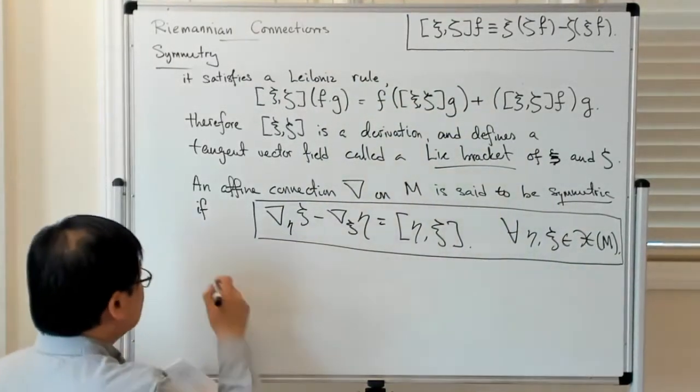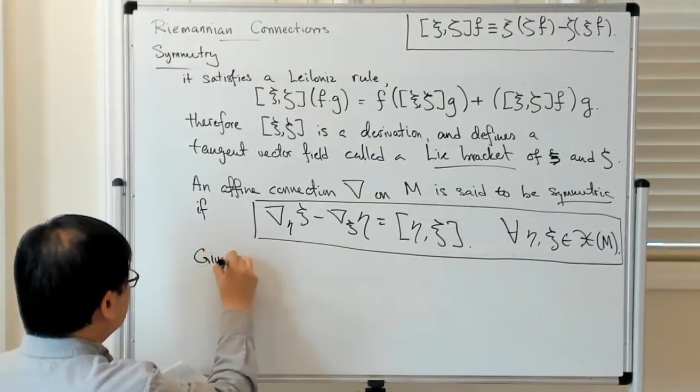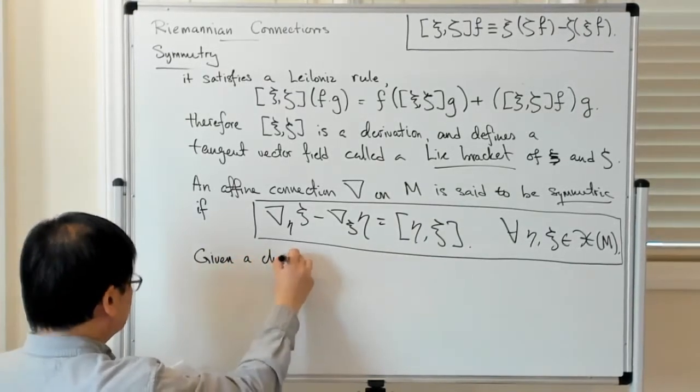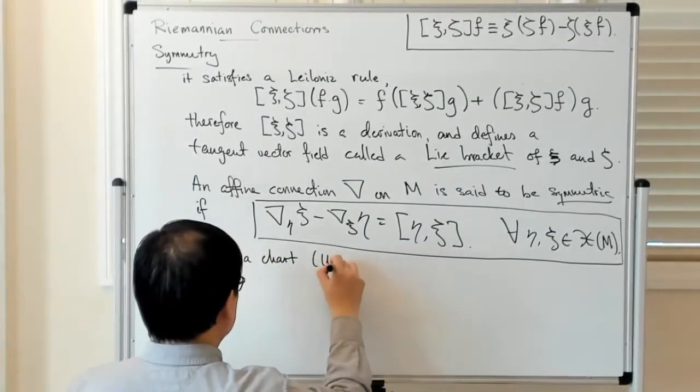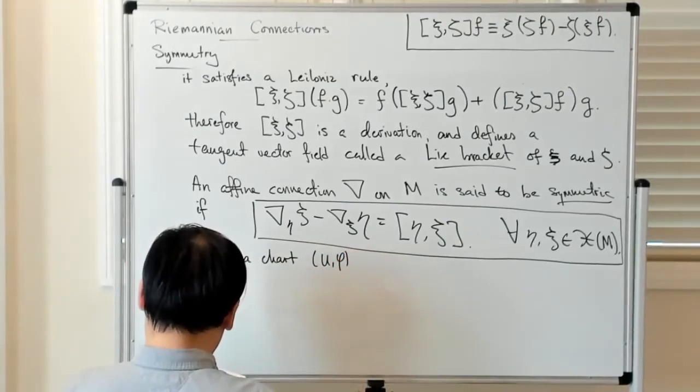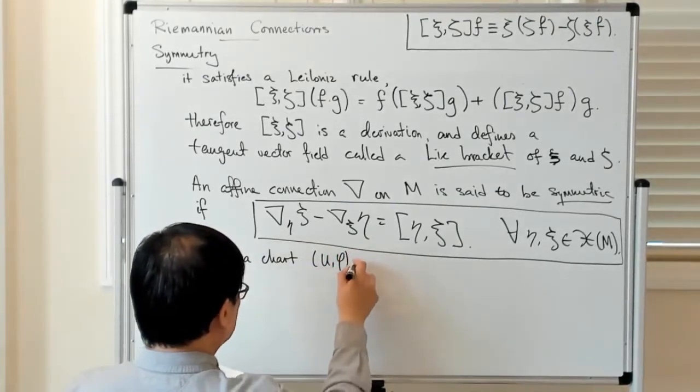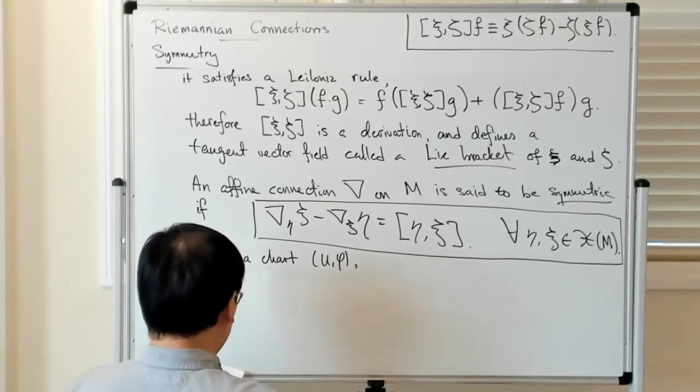So let's see what happens on a chart. Given a chart, if you recall, once you have the chart, we can define the i-th coordinate vector field.